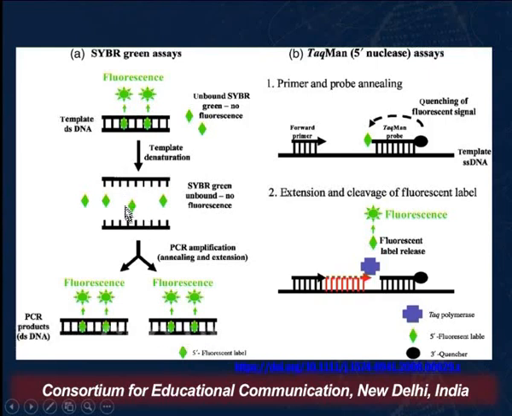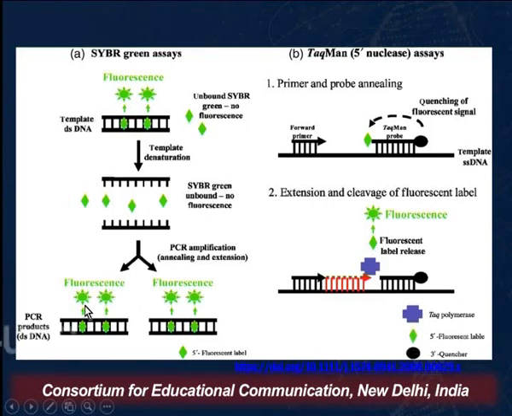So at each cycle, for example, if we start with one double-stranded DNA molecule, after one cycle 2 DNA molecules are produced, and therefore the fluorescence will be doubled. So this fluorescence can be detected.